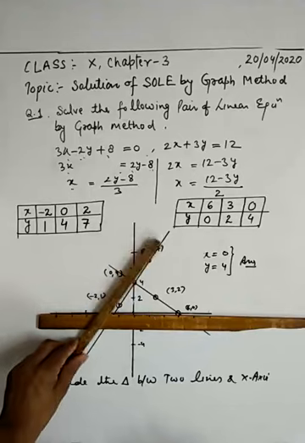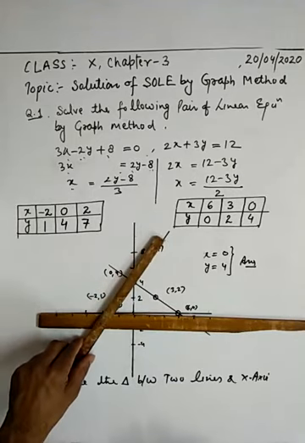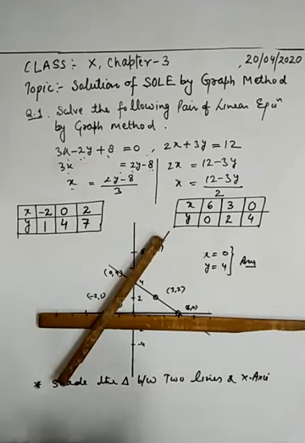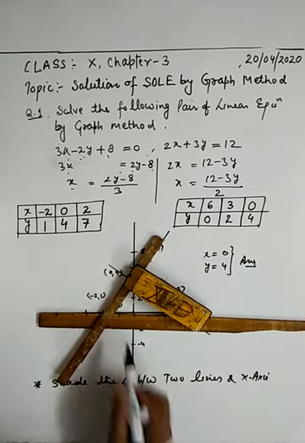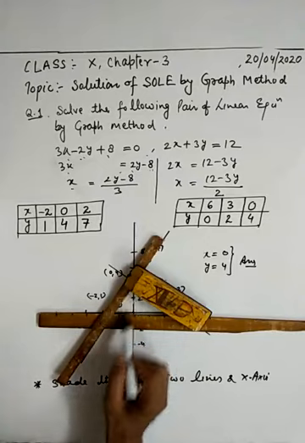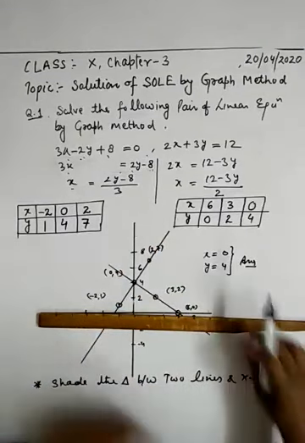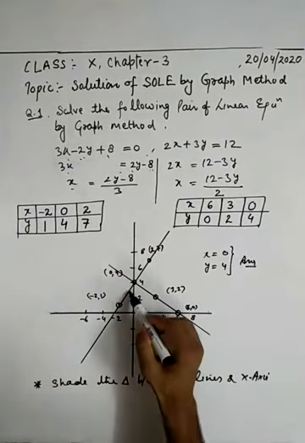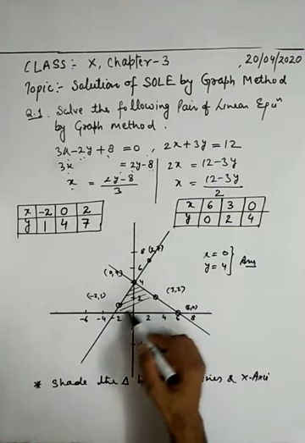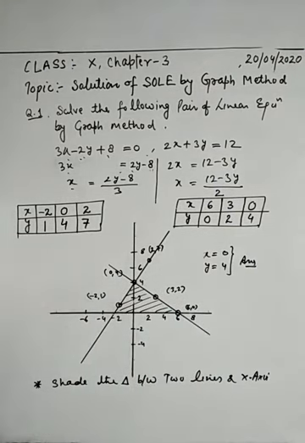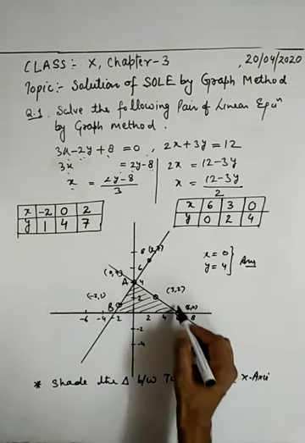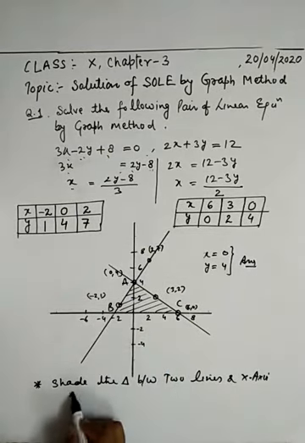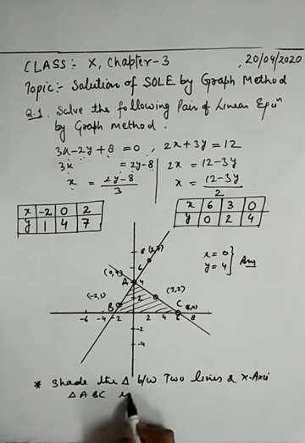This is the first line and this is the second line. So you are seeing this portion. This is the triangle formed by the two lines and the x-axis. Name the triangle A, B, C. So triangle ABC is the required triangle.